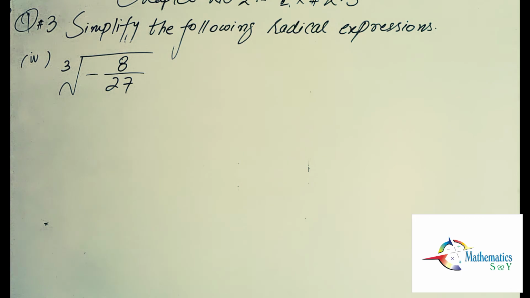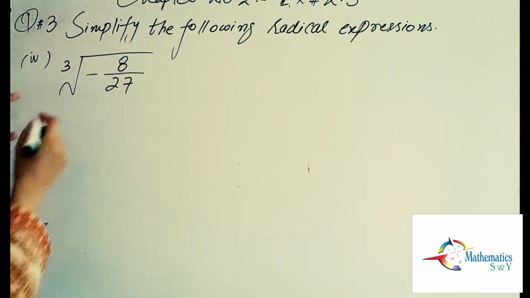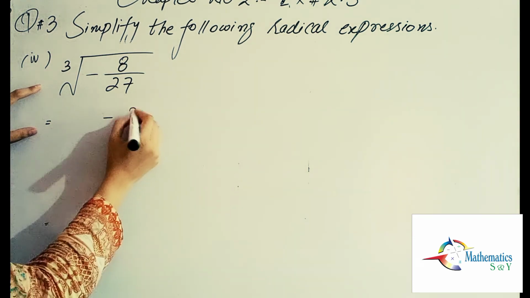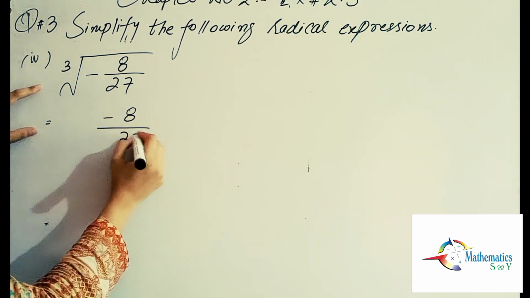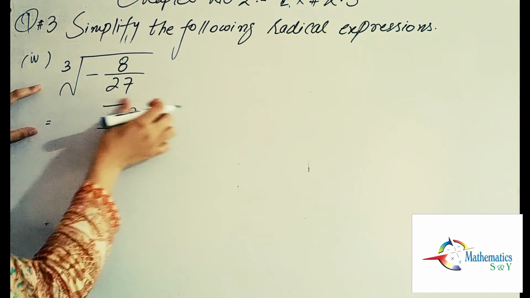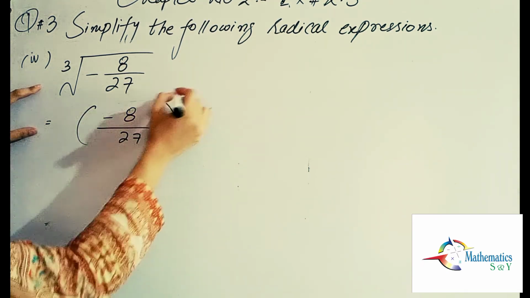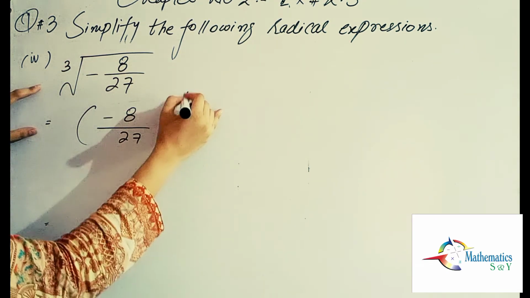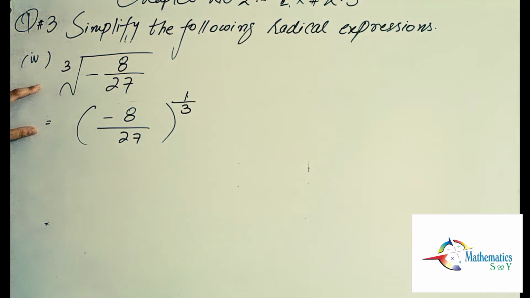Okay, so you can see that part 4 is also very simple. First of all, you have to write this radical expression into the exponential notation, that is minus 8 by 27. Sorry, its exponential notation: the index of radical is 3, so its exponent is 1 by 3.